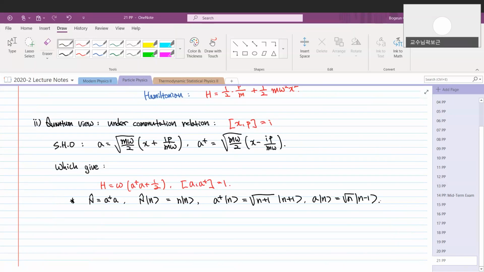So from this, we need to find what happens when we raise or lower a state and how the state depends on time. So we try to obtain the time evolution of the operator a in the Heisenberg picture.